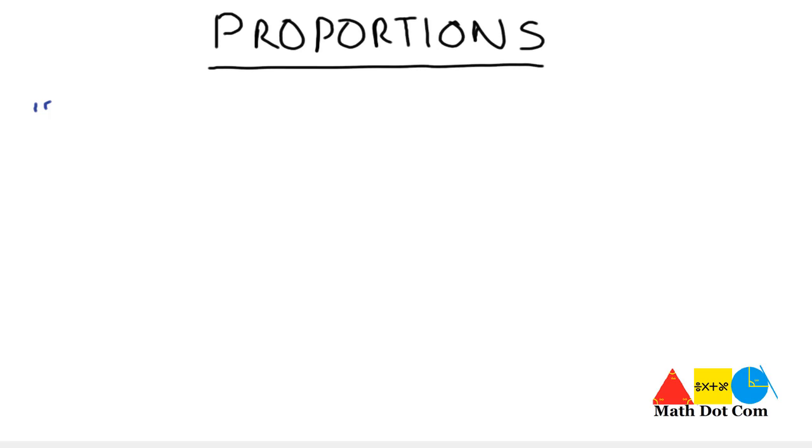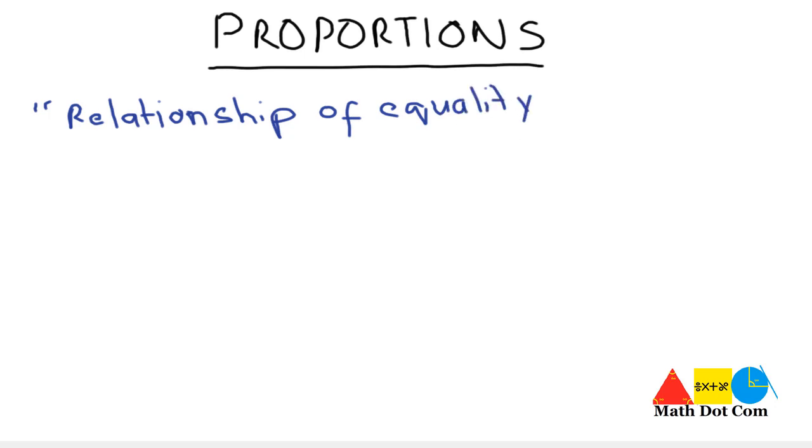At various places it has a different definition, but the concept at the end is the same. It may be defined as the relationship of equality of two ratios. We have already discussed the concept of equivalent ratios.